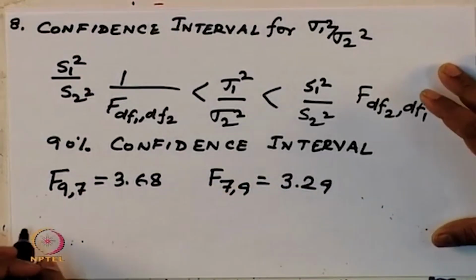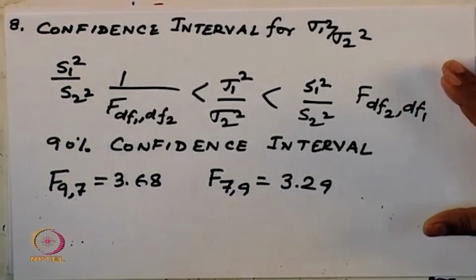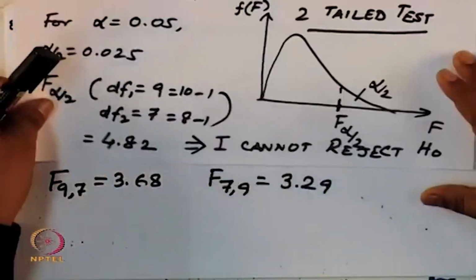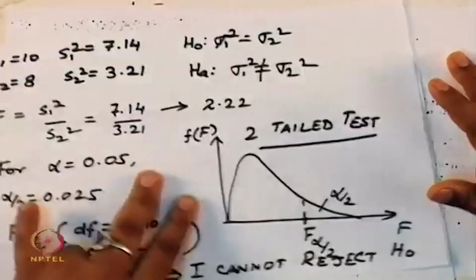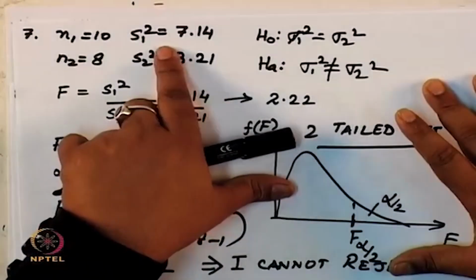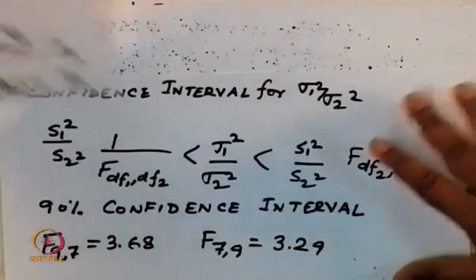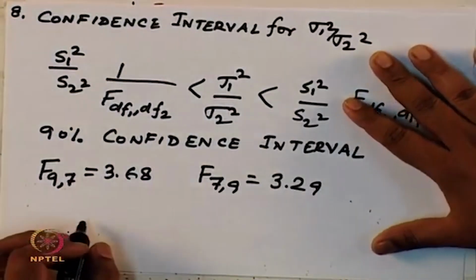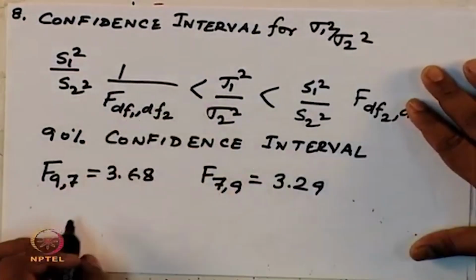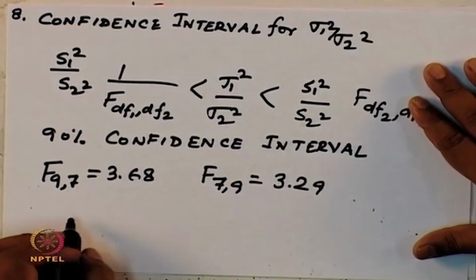So, for this case you had S1 square 7.14 and S2 square 3.21, so that is why you got df1 is 9 and df2 is 7. For this particular case you can calculate the lower and upper bounds of sigma 1 square by sigma 2 square as 7.14.